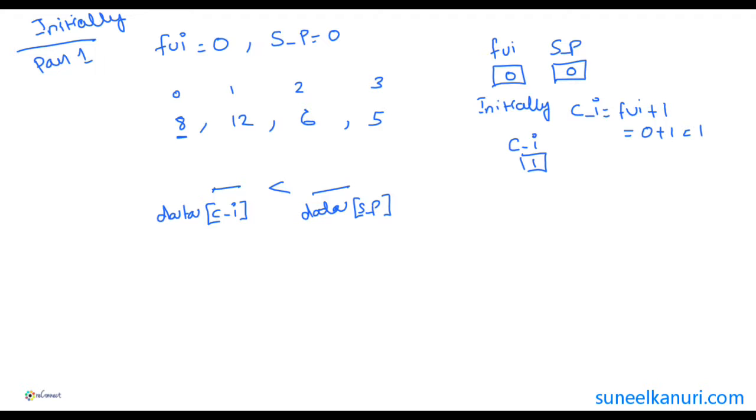So let's write down our values here. Initially our C_I, let's call it current index, is pointing to the value 12, and our position holding the next smallest element is 0, which has a value of 8.